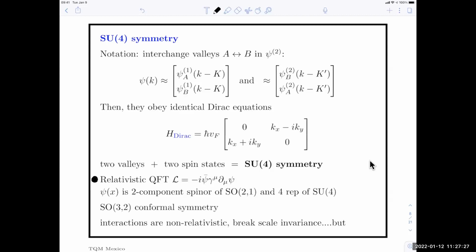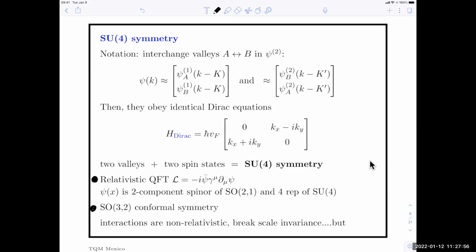And then there's this SU4 symmetry. And the fermions are massless. And so as a field theory, this at least naively has a scale symmetry, and not only a scale symmetry, but a conformal field theory. So this field theory actually should have the full 2+1 dimensional conformal symmetry to it.